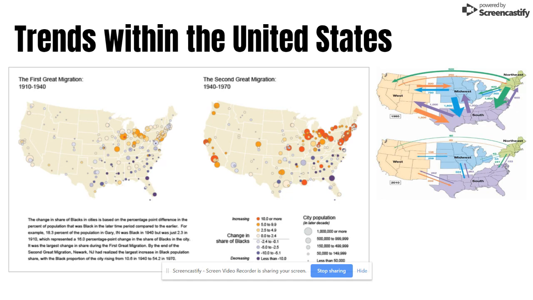We saw between 1910 and 1940, really following World War I, probably starting more in depth in 1917, what was considered the first Great Migration. Many African Americans had been living in the South, either working in labor jobs or working on farms.